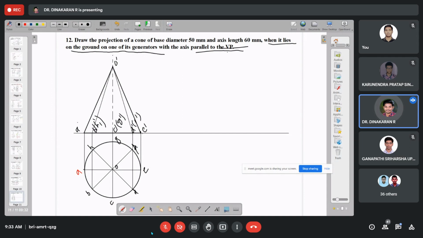So first I'm going to draw roughly only. Draw a line first, then measure the distance from O dash to E dash. Use a compass, measure O dash to E dash with any one of the centers and cut it. Then the same O dash to E dash will come.